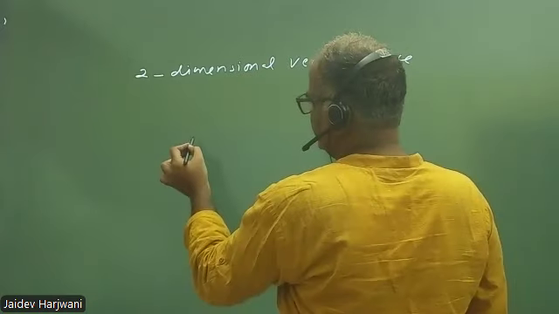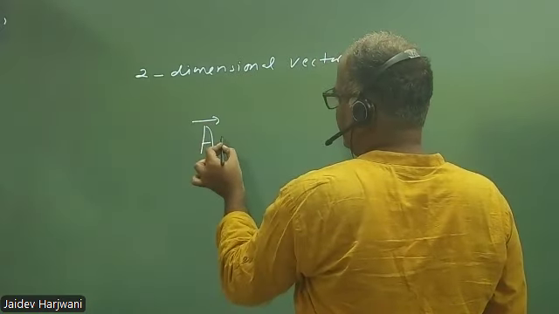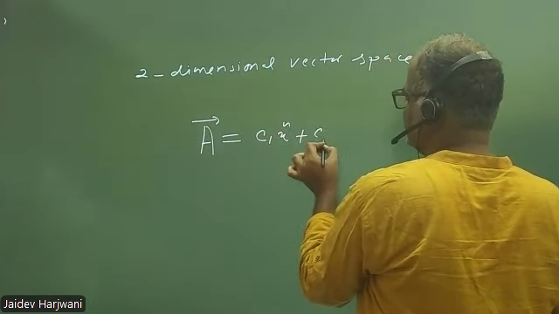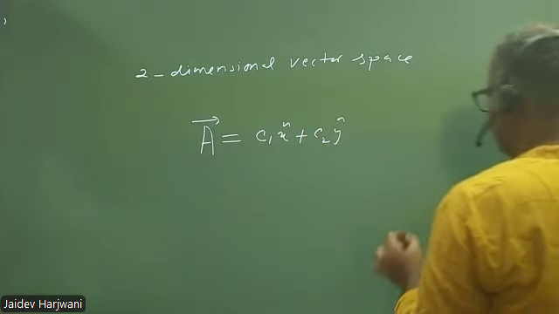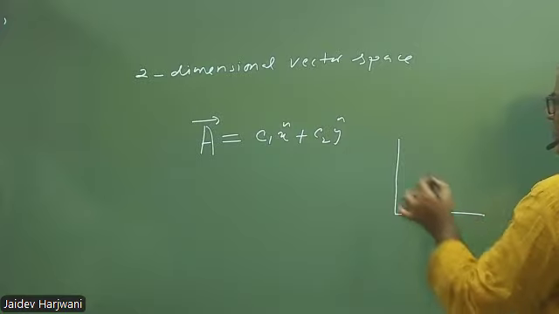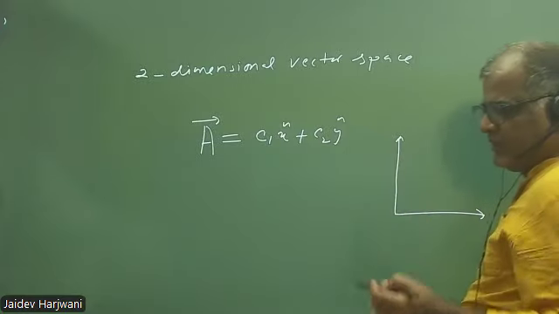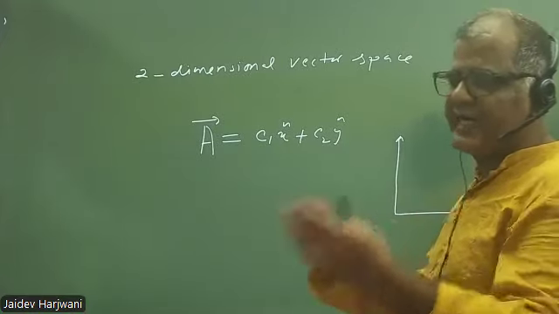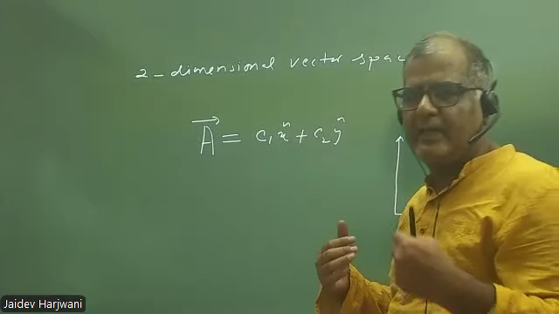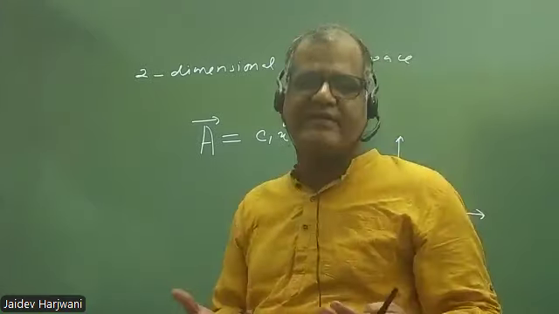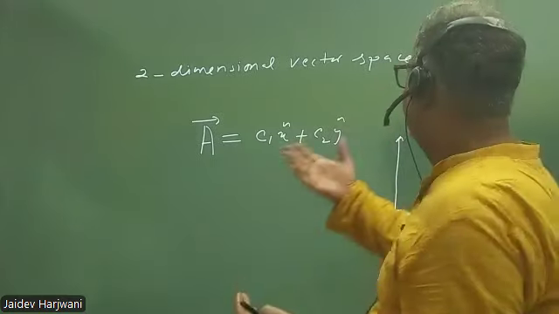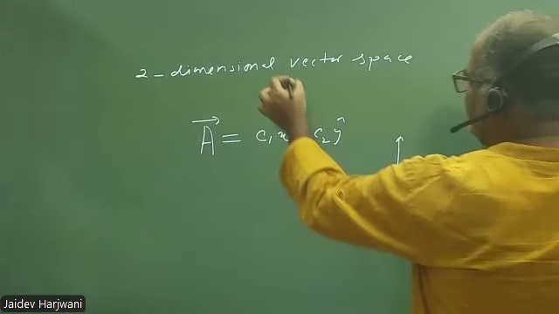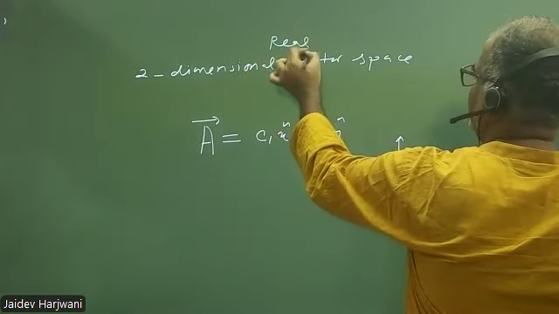I have a two-dimensional real vector space, which is an example of a Hilbert space. A Hilbert space is a bigger set, which contains complex vectors and wave functions, while in a two-dimensional real vector space you have only real vectors.